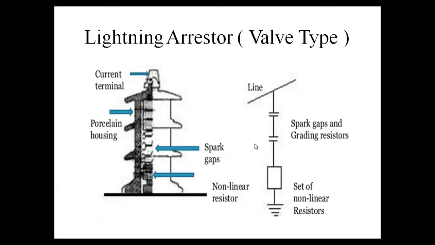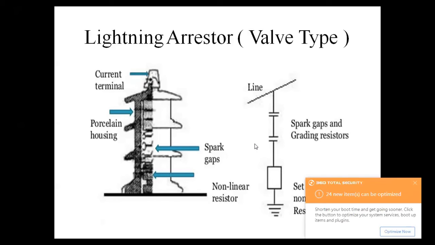What is a spark gap? We have a series of spark gaps, and each spark gap consists of a number of identical electrodes. Each gap has two electrodes with a fixed gap spacing.